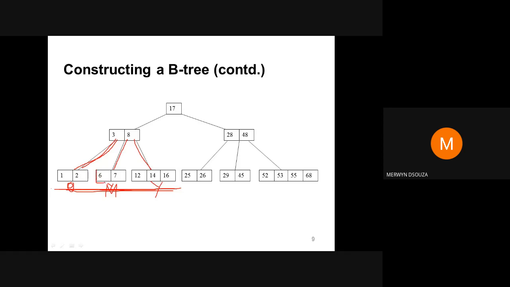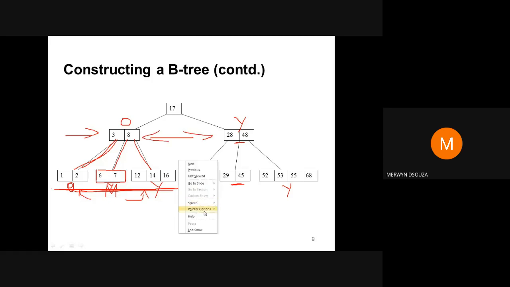With reference to this node, the older brother is this, and similarly the younger brother is this. Similarly, if you take these nodes here, for this node the older brother is here and the younger brother is here. Similarly at this level, for this node, this is the younger brother, and for this node, this is the older brother. I hope you got that.